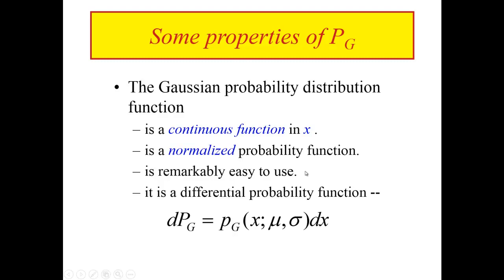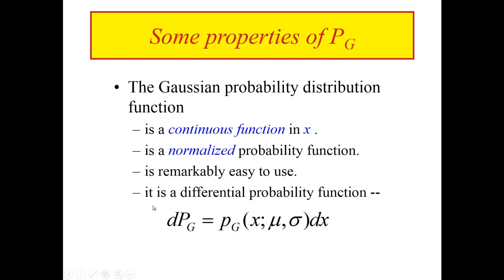The Gaussian mathematical form is remarkably easy to use, and there are some properties that it has. For example, the product of two Gaussians is also a Gaussian, and that's very useful mathematically. It's also easy to use because it's easy to generate the values of PG. We don't have factorials to calculate, and that makes things quite a bit easier.